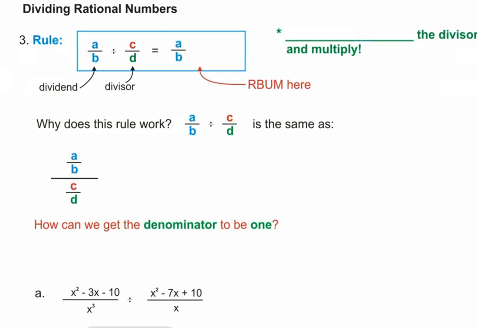So again, most of you remember that division, you change the division symbol to a multiplication symbol, and you invert the second fraction. So the D goes from bottom to top, and the C goes from top to bottom.